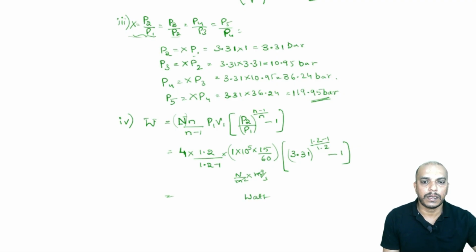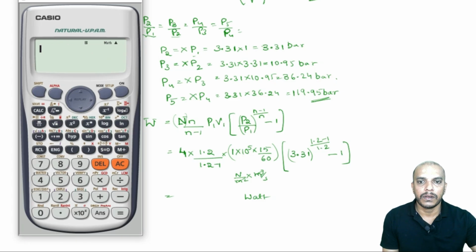Now, let us solve this. 4 into 1.2 divided by 0.2 will be our first term. This must be multiplied with 10 power 5 into 15 by 60.